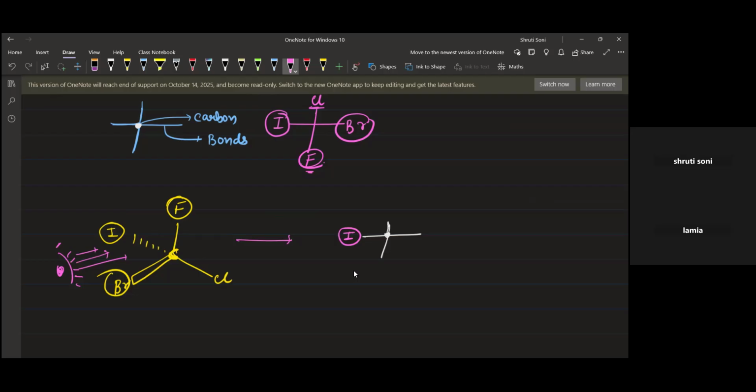Chlorine? Think wisely, because fluorine and chlorine always lie in the same plane. So fluorine and chlorine will always be in the above the plane situation, and iodine and bromine only are in this direction.